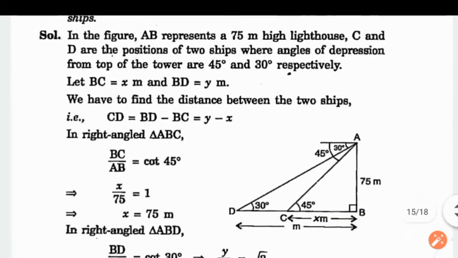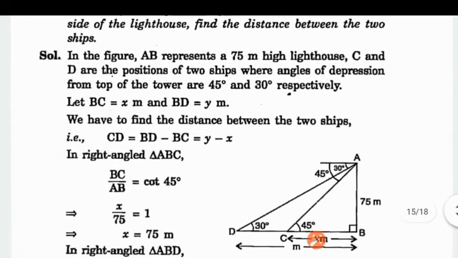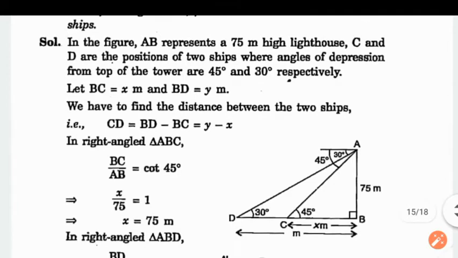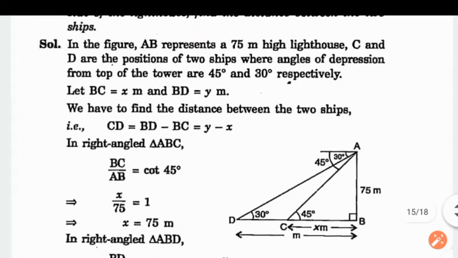So in the figure, AB represents a 75-meter high lighthouse. C and D are the positions of two ships, where the angles of depression from the top of the tower are 45 degree and 30 degree respectively.